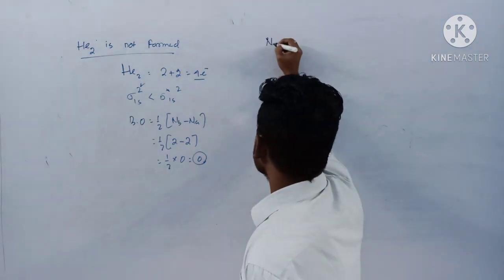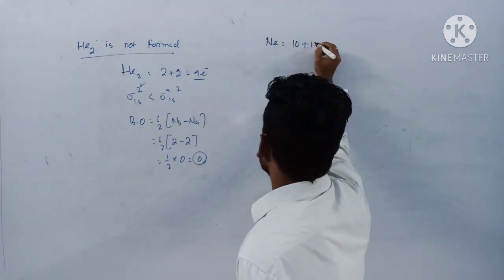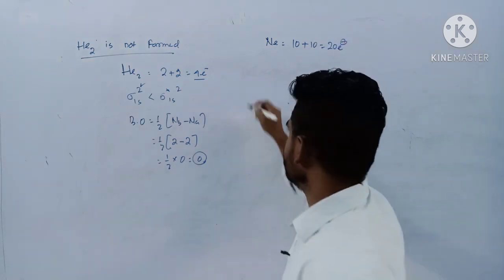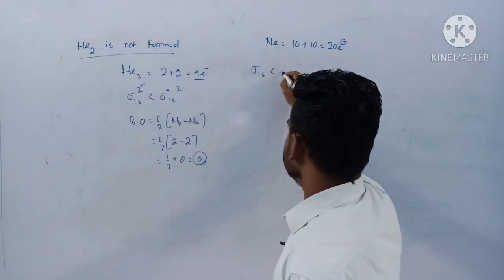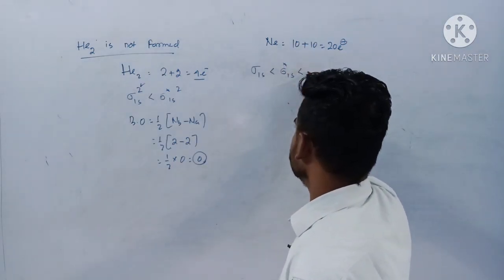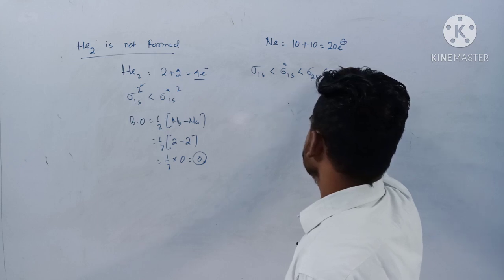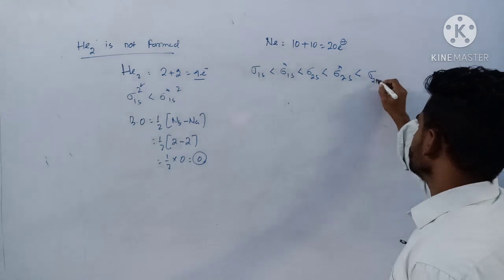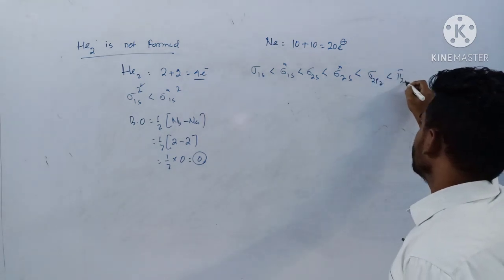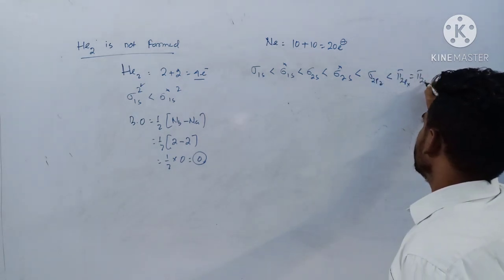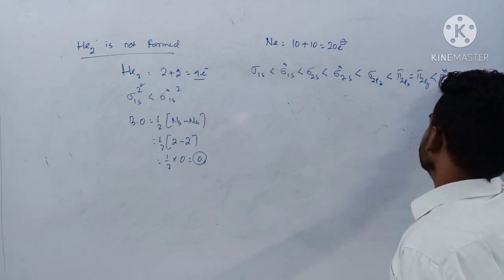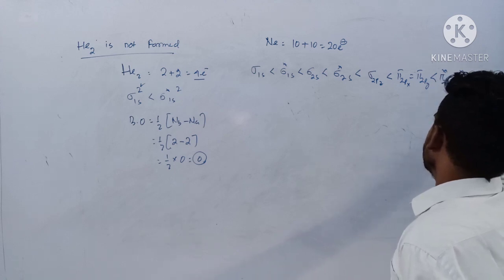If you consider neon, how many electrons? 10 plus 10, that is a 20 electron species. So the order will be the second one: σ1s, σ*1s, σ2s, σ*2s, and next σ2pz, next π2px equal to π2py, π*2px equal to π*2py, and finally σ*2pz.